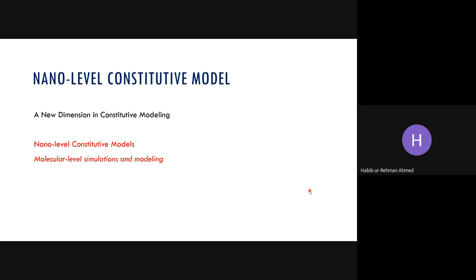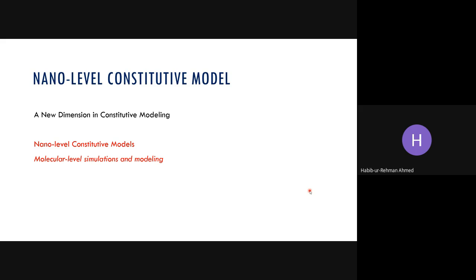So, what is the new dimension? We call it nano level constitutive models, and these are based on molecular level simulations and modeling. Try to visualize with me that for all materials, the external or macro behavior, the behavior which we see at the surface of these materials, basically originates from the atomic or molecular level.